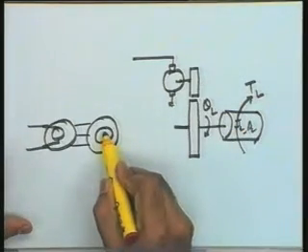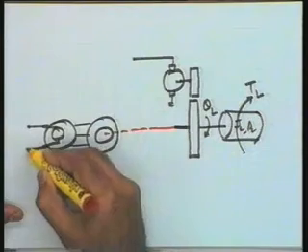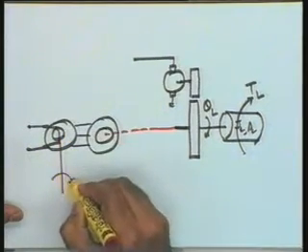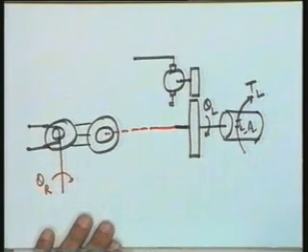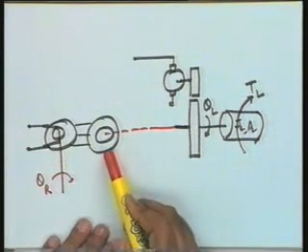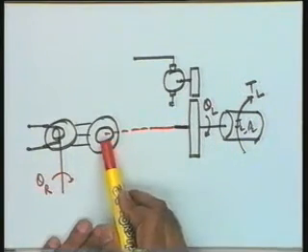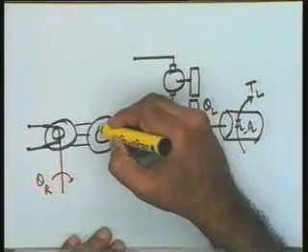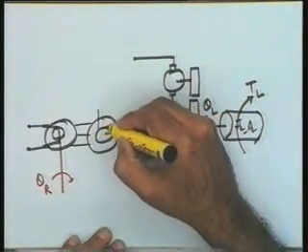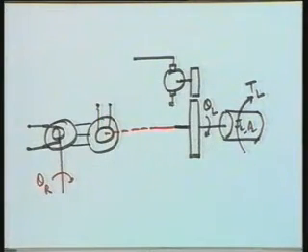This load should be connected here, and here is your reference supply, and here is your reference input theta r. The synchro transmitter will have the reference input, the command signal, and the synchro control transformer will have the controlled shaft connected to it. So this is the controlled shaft I have connected to it. Now where is the output? The output in this particular case is available here. Let me say that this is the output from the synchro control transformer.